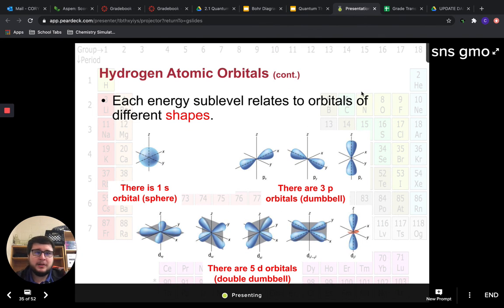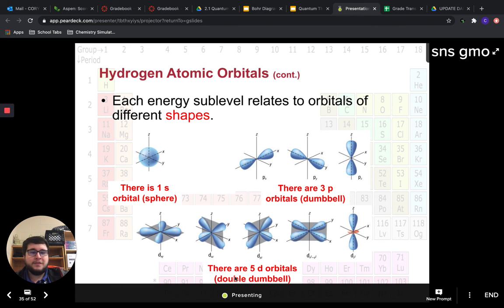Each energy sublevel relates to orbitals of different shapes. There is one s orbital, and it's shaped like a sphere. There are 3 p orbitals, and they're shaped like dumbbells. You can have a dumbbell going along the x-axis, a dumbbell going along the y-axis, or a dumbbell going along the z-axis. So it's the same shape, just 3 different orientations.